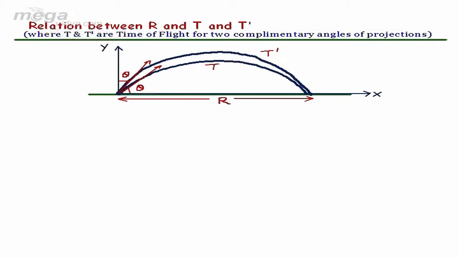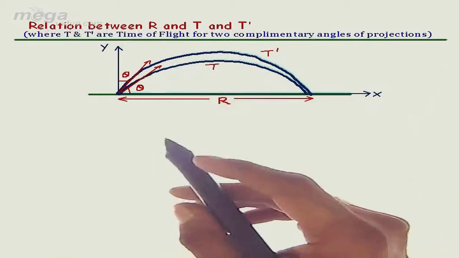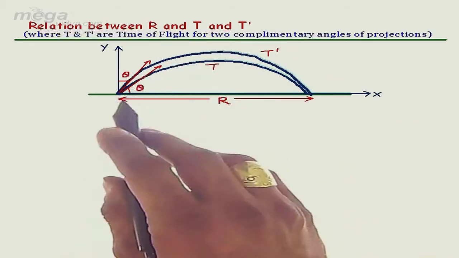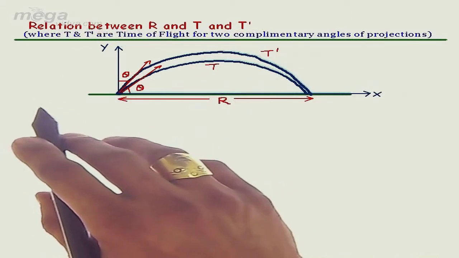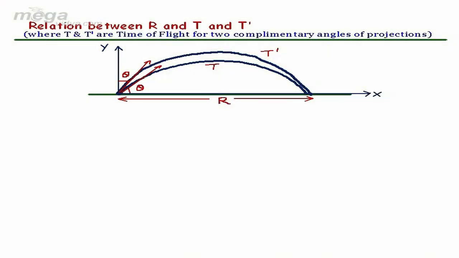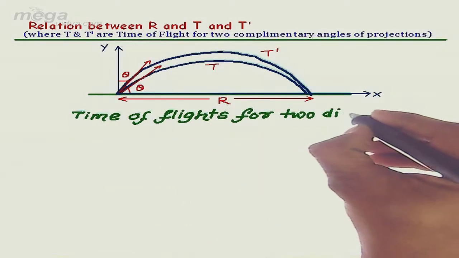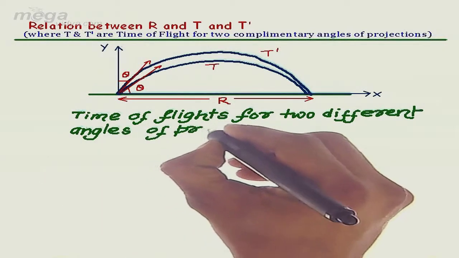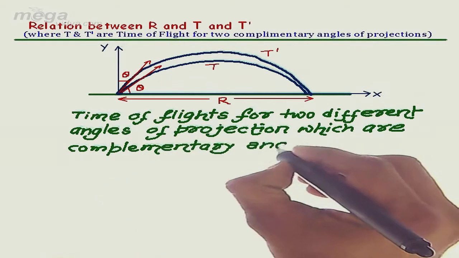Say two projectiles are thrown at angle theta and 90 minus theta. In other words, one is thrown at angle theta with the horizontal while the other at angle theta down the vertical. In this case, we can easily write time of flights for two different angles of projection which are complementary angles.